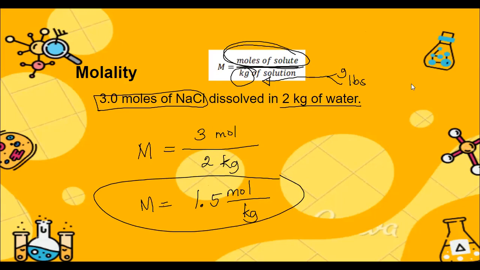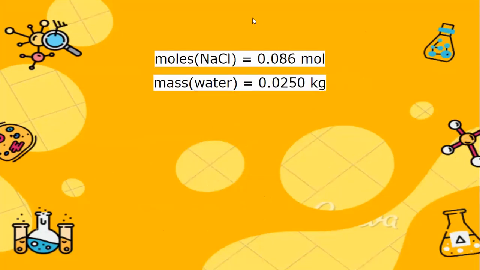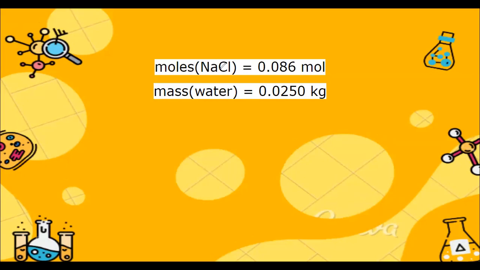And for the final example for the molality, okay, so as you can see, we have listed here the given. So we have the moles of sodium chloride, which is 0.086 mole. And the mass of water is 0.250 kilogram.